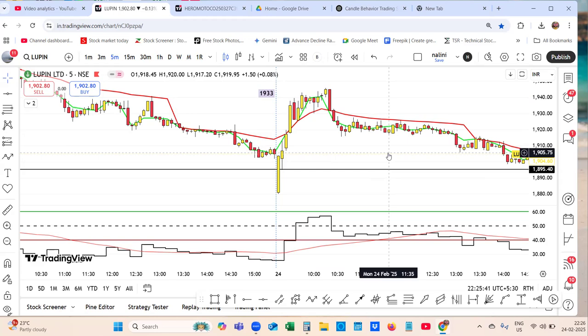If you understand what for I am using them, then there will not be any confusion in your trade. I'm trying my best to make your trade simple. Try to understand the concept.